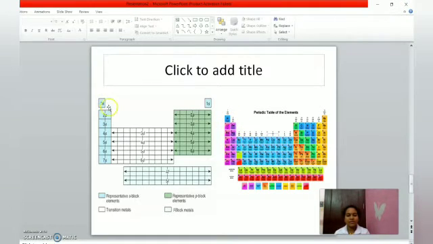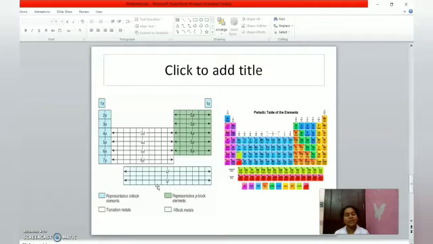The first two groups are known as the S block. This is the P block, because the last electron is entering the P subshell. If the last electron is entering the D subshell, they will be in the D block, and if the last electron is entering the F subshell, they will be in the F block.